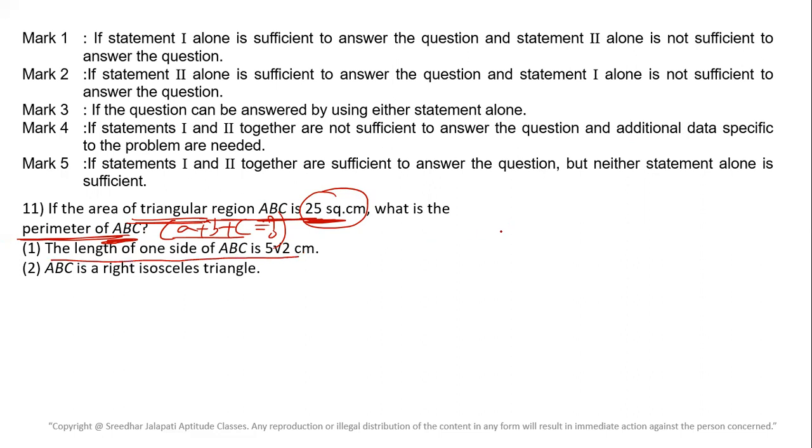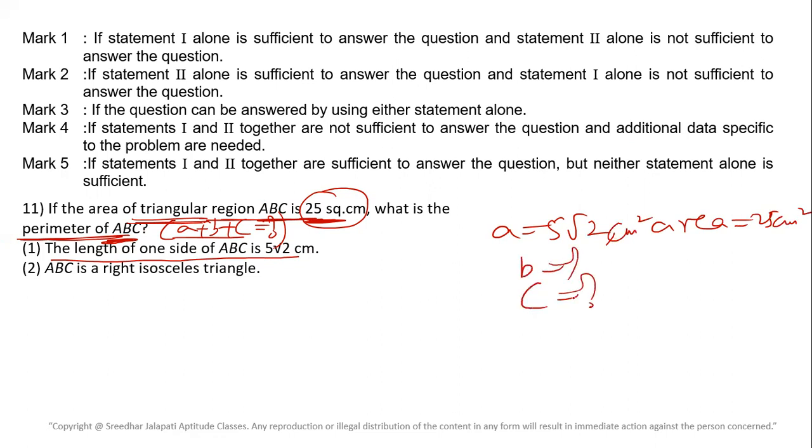In the triangle ABC, if you know one side as 5 root 2 and area as 25 centimeter square, can you find the other two sides B as well as C? You cannot, because we do not know what type of triangle it is, right? If it is an equilateral triangle, the formula to find area is root 3 by 4 side square. If it is a right angle triangle, half into base into height.